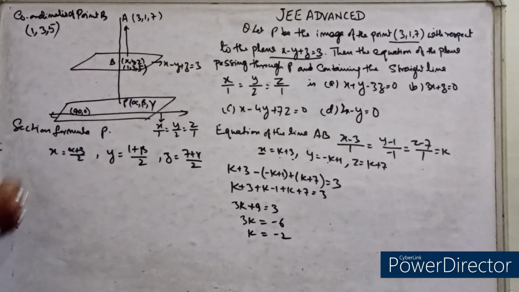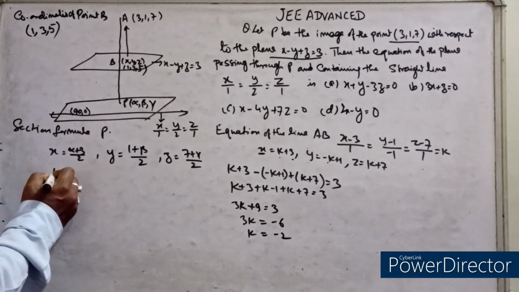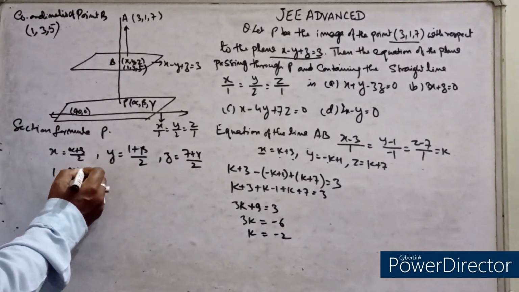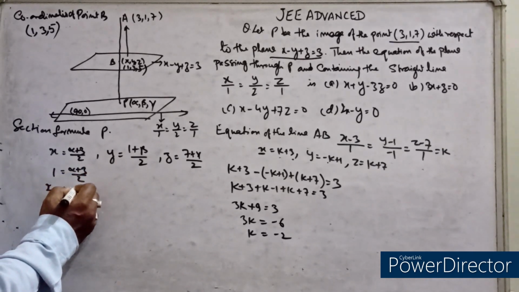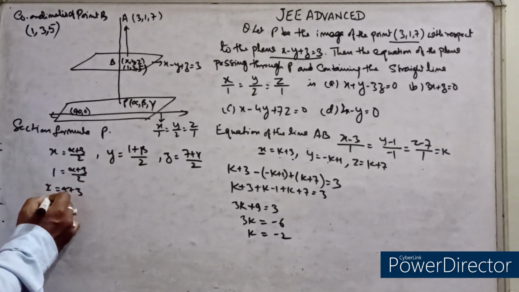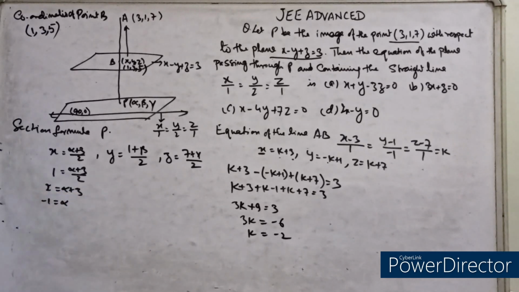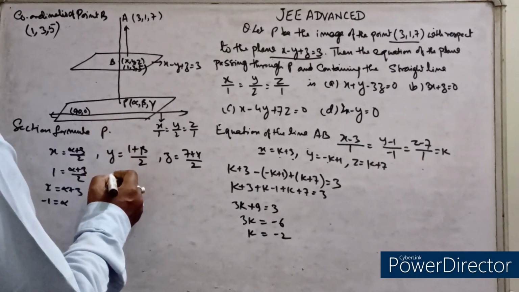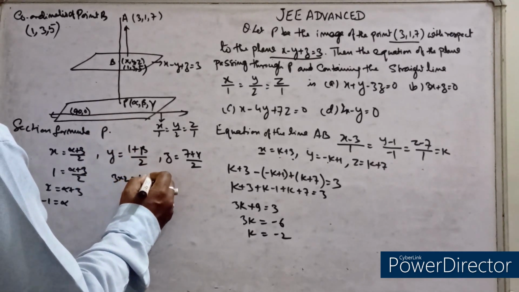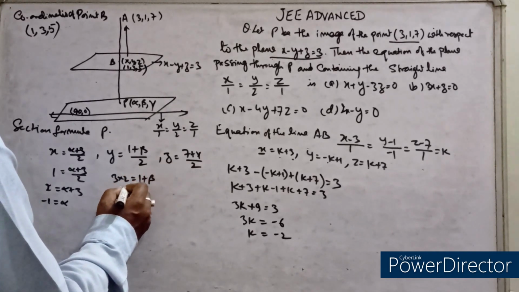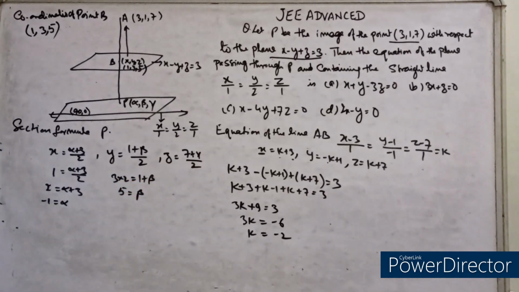Now we know the value of x is 1, so (alpha plus 3) by 2 equals 1, so 2 equals alpha plus 3, so minus 1 is equal to alpha. Again y is 3, so 3 into 2 is 6, (1 plus beta) equals 6, so 6 minus 1, 5, is equal to beta.